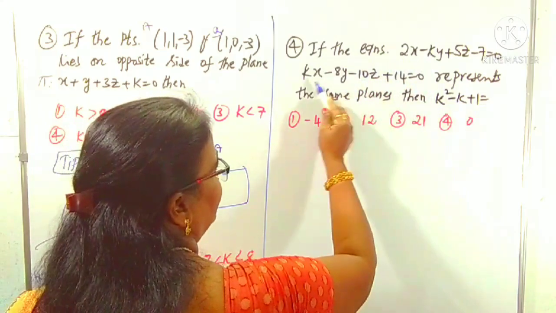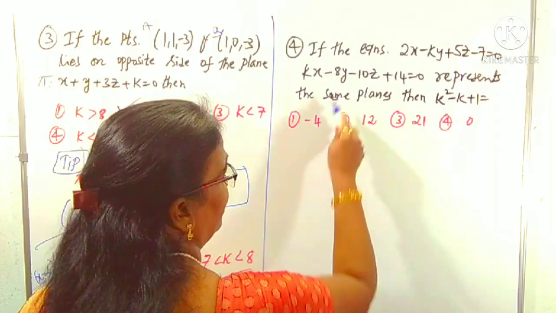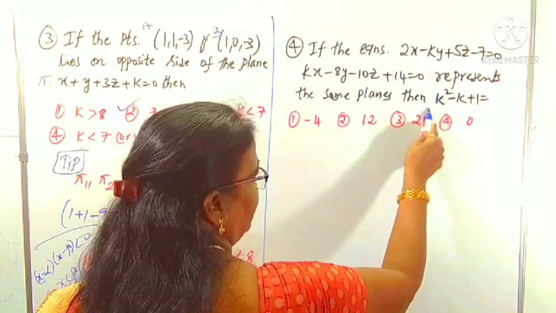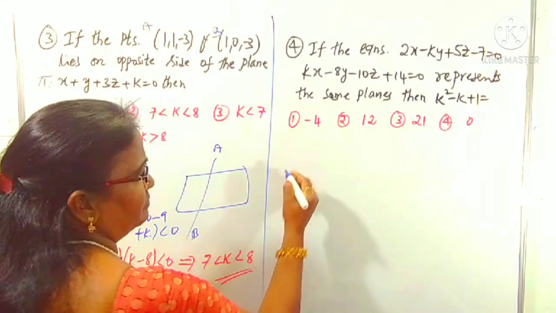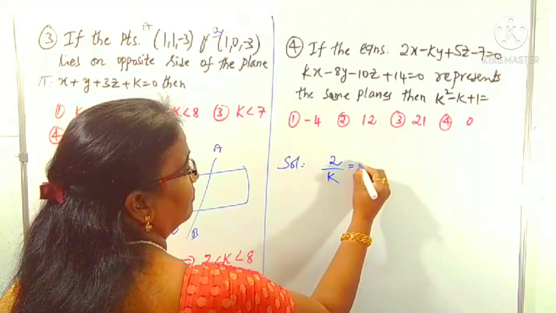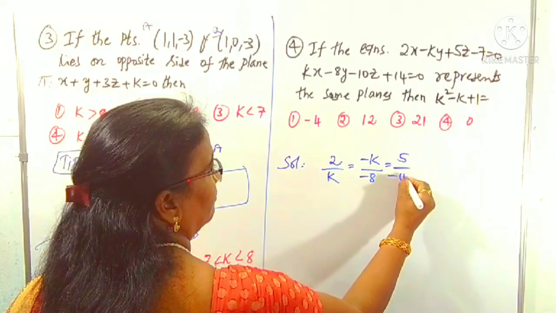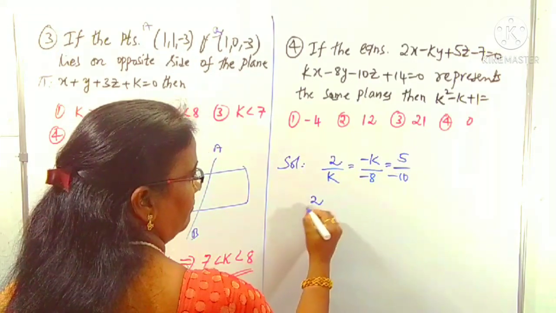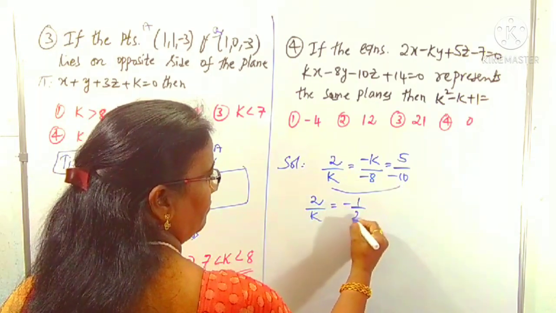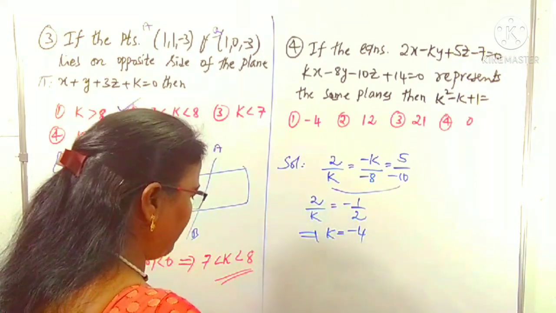If the equations given here represent the same planes, then we have to find the value of k square minus k plus 1. K is there, here also there. From that you can find out finally this result. Simply, the k value we can get is minus 4.